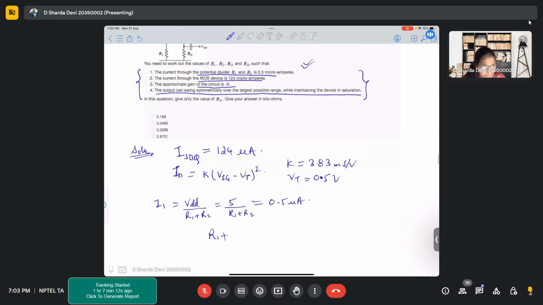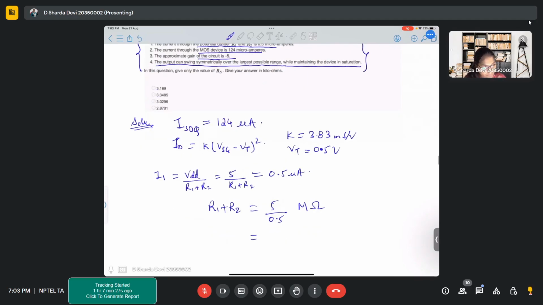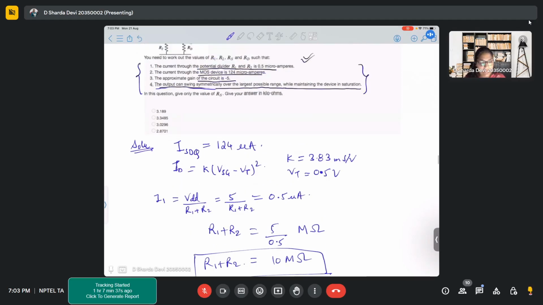From here you can get the values of R1 plus R2 to be 10 megaohms, right? This is clear, no?